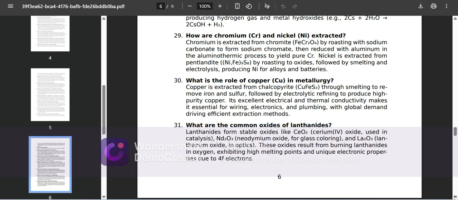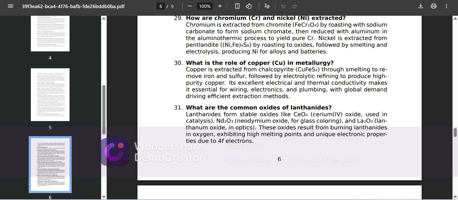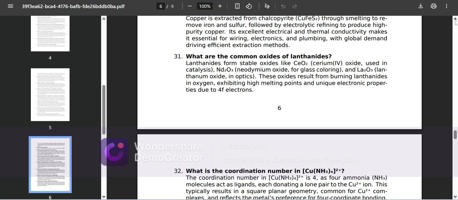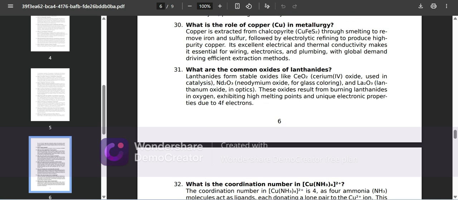Nickel is extracted from pentlandite, (Ni,Fe)9S8, by roasting to oxides, followed by smelting and electrolysis, reducing nickel for alloys and batteries.